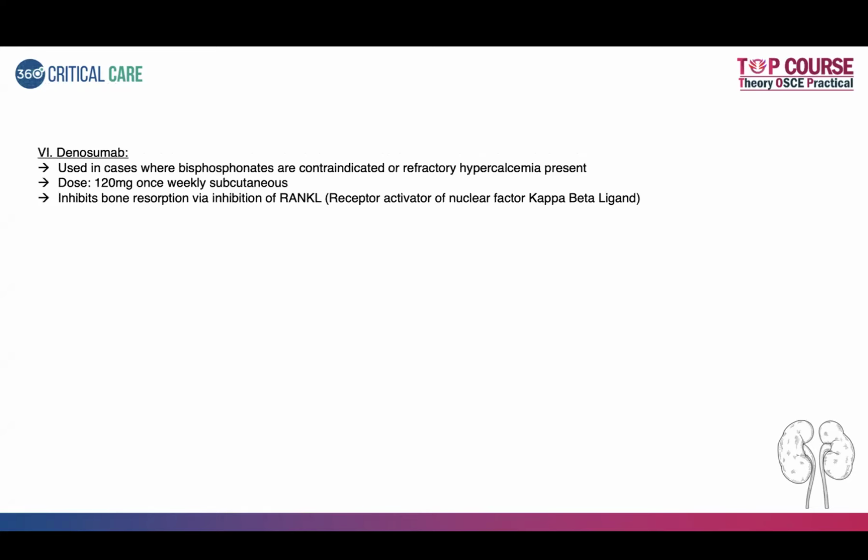Then we have denosumab, which is a monoclonal antibody used in cases where bisphosphonates are contraindicated or refractory hypercalcemia is present. It is given at a dose of 120 milligrams once weekly subcutaneously. The mechanism of activity is that it inhibits bone resorption via inhibition of the RANK ligand, that is receptor activator of nuclear factor kappa B ligand.